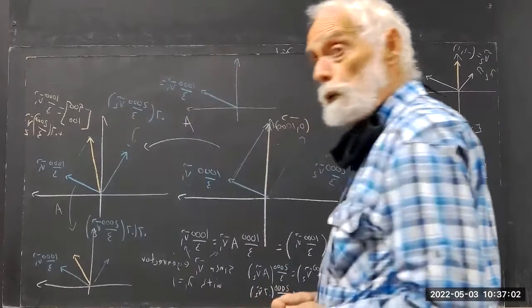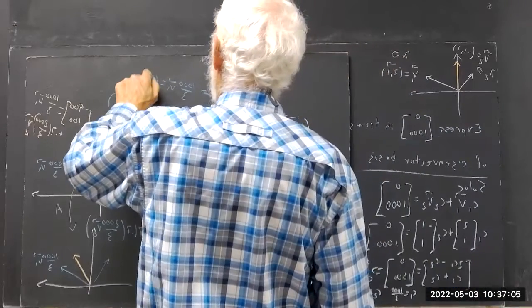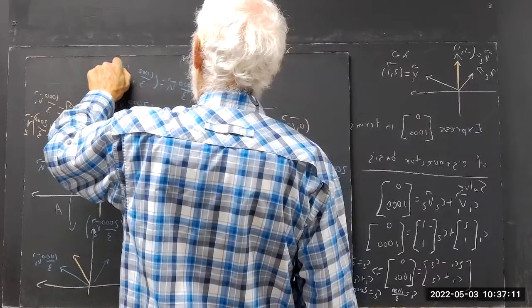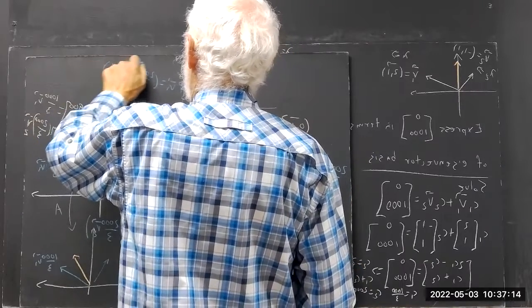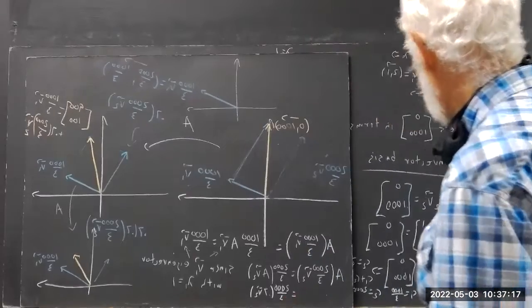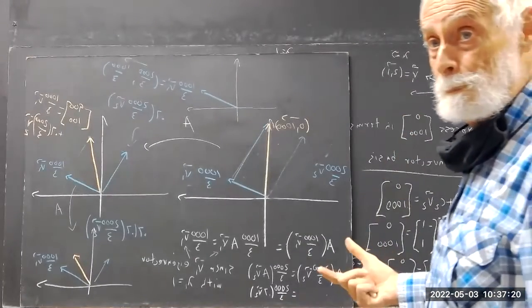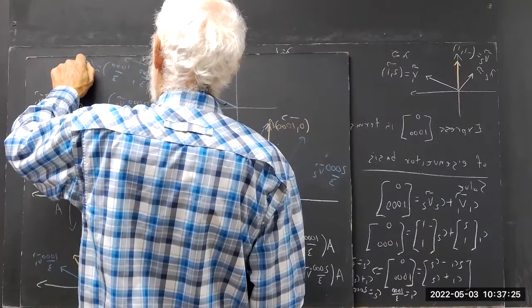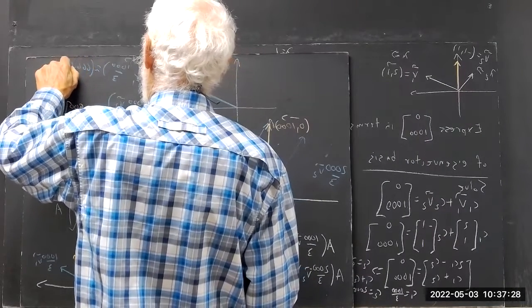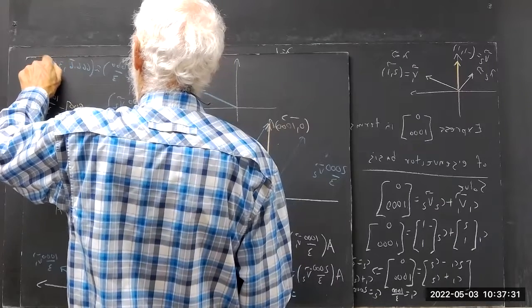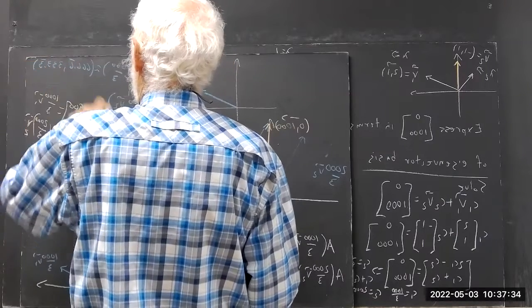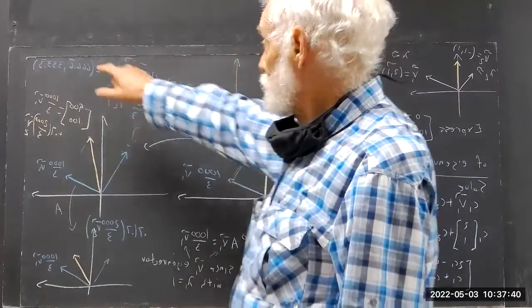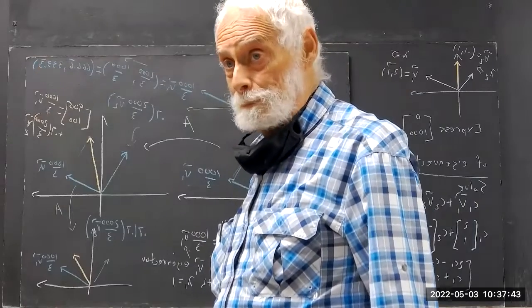1,000 over 3 V1, which is (2,000 over 3, 1,000 over 3), because V1 is (2, 1), right? Which is, and it's not an approximation because I've got the repeating: 666 and 2/3, 333 and 1/3.